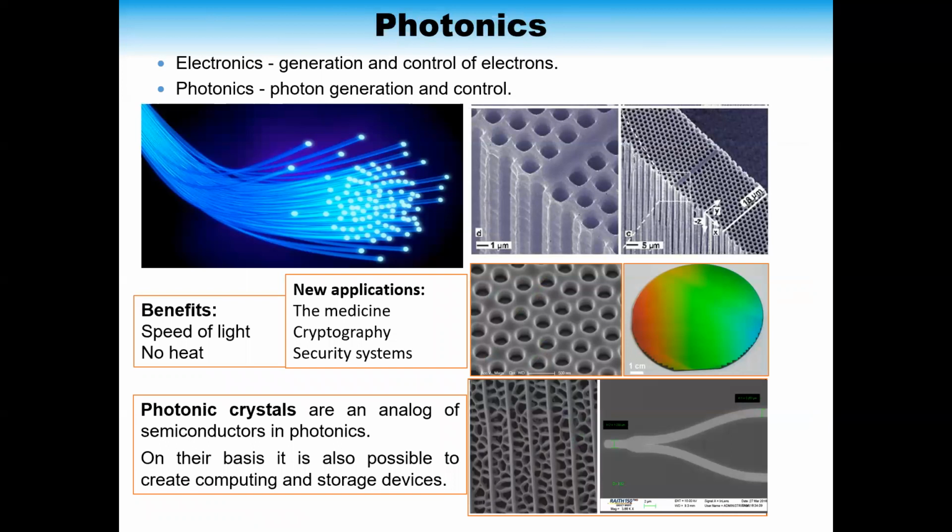Unlike electronics, photonics doesn't work with electrons, but with photons, quanta of light. For MIFI, such fields of photonics as microwave photonics are especially interesting, and we are working on the creation of the element component base of it.